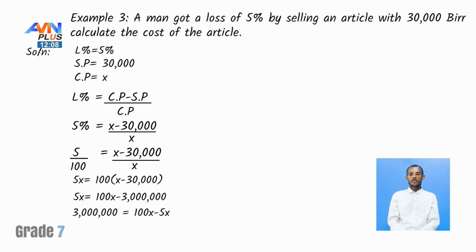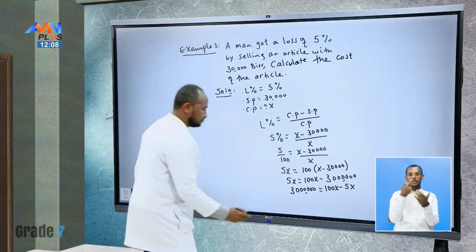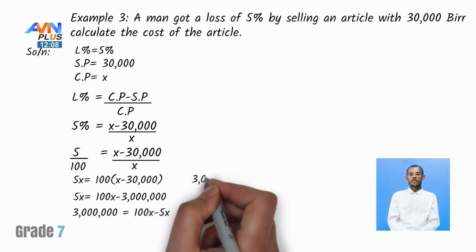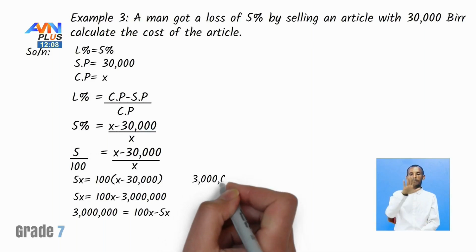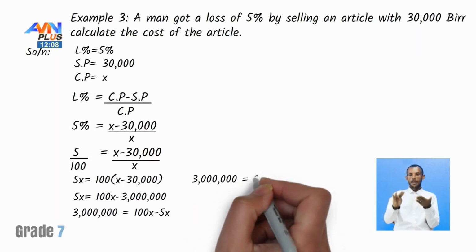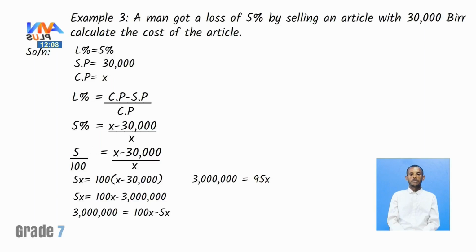This is it. So, to find this, the difference of these two is 95x, and this one is 3 million.